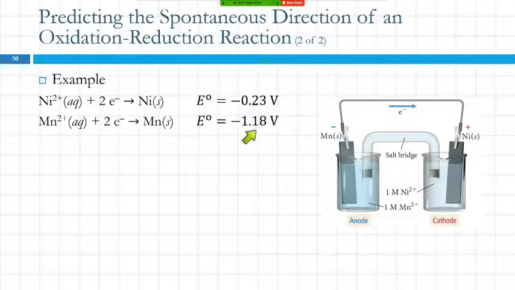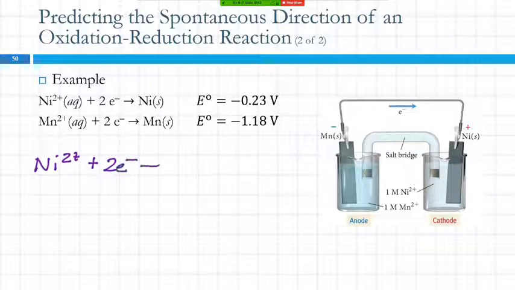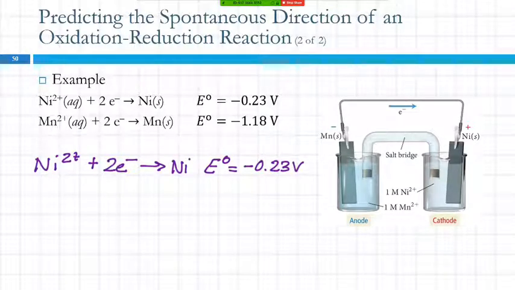The electrons are going to leave the more negative one. So that tells me that manganese is over here as the anode. They're going to go towards the more positive one. So the nickel is over here. So the nickel is going to do a reduction. The manganese is actually doing an oxidation. Whoops.